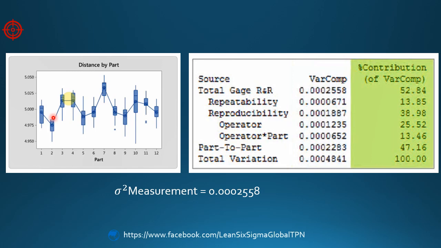The more variation in the measurements, the more variation in the measurement system. So for the PCBA viewer data, the estimate of the measurement system variation is 0.002558.